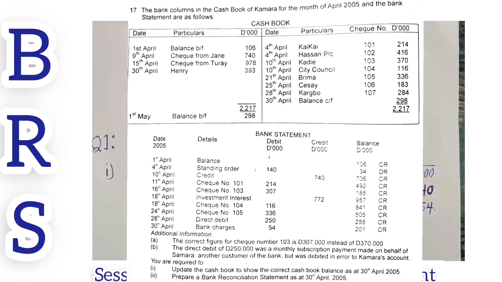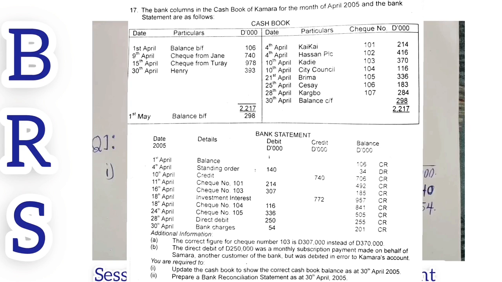They are saying that the correct figure for check 103, which is on 10th April on the question, as you can see, check 103, should be $307,000 instead of $370,000.